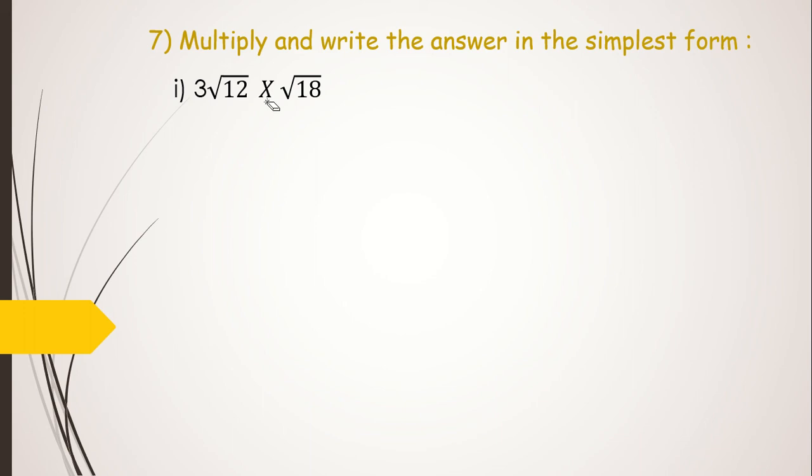Now while multiplying, we don't have to see like surd or numbers. We just have to multiply the rational number part with the rational number and the surd part with the surd part. So here 3 into 1 is 3, and root 12 into root 18 is going to be root 12 into 18.